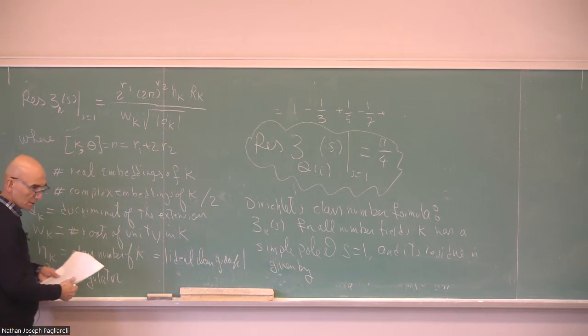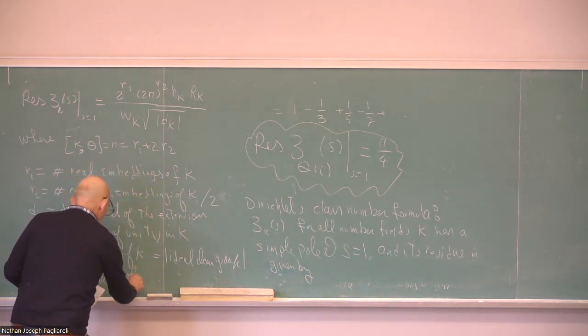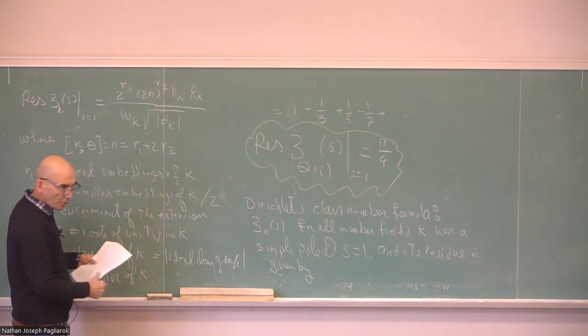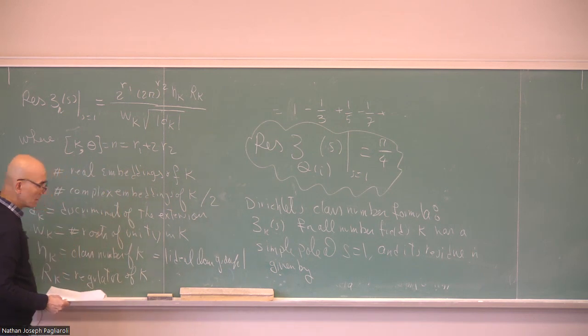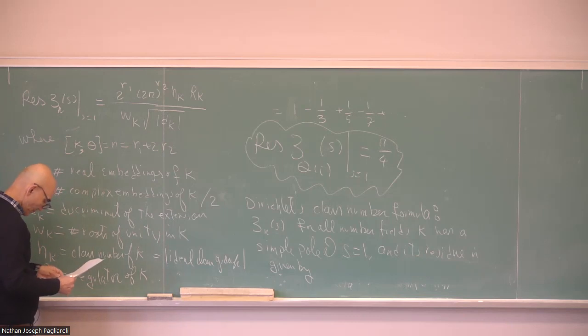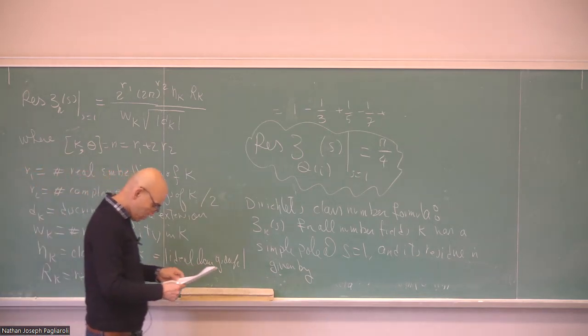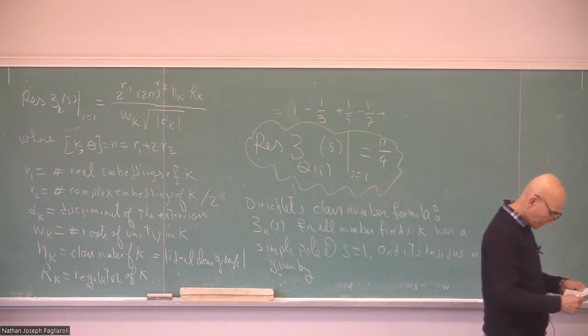I will define this regulator of K. This is basically the volume of some parallelepiped inside the lattice of integers inside K, inside O_K. So I defined all the terms over there.